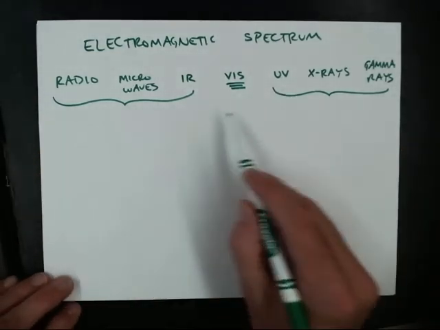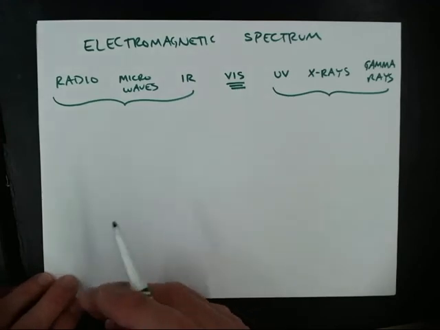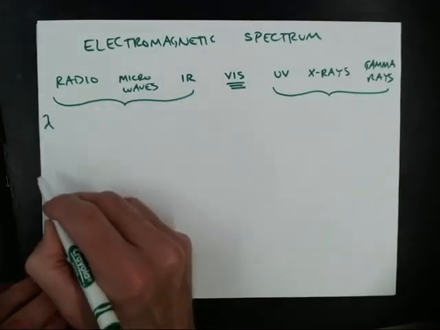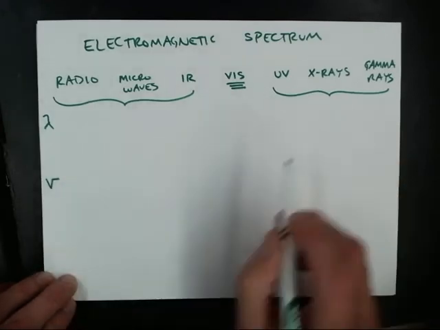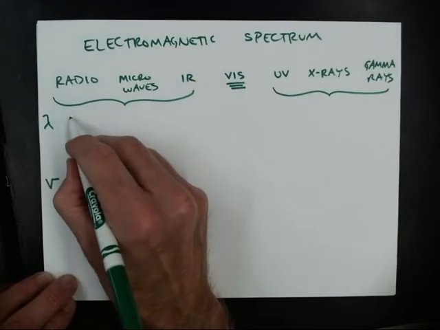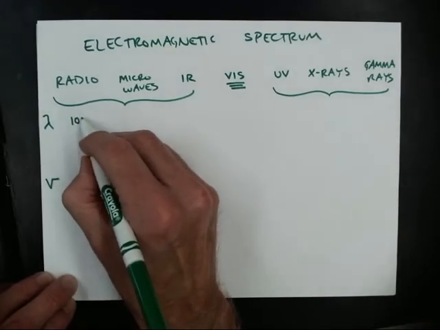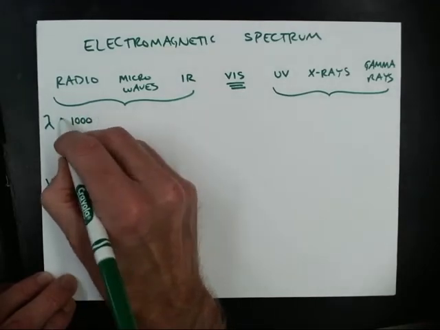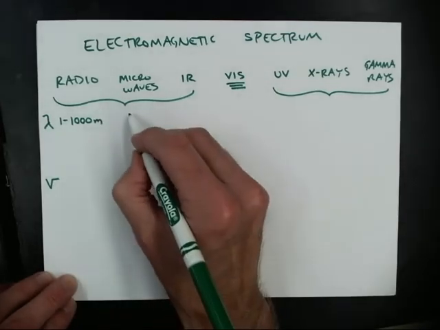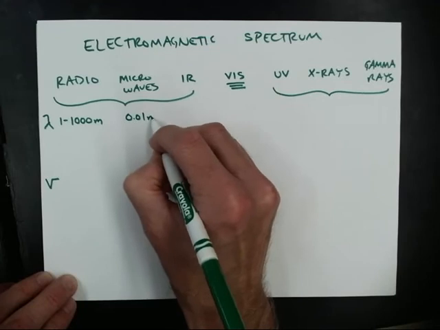And if we look at these various types of light, we can estimate the wavelength of each type of light and also the frequency of each of these types of light. And it turns out that radio waves run from about 1 to 1,000 meters, somewhere in there. Microwaves are usually around 0.01 meters.